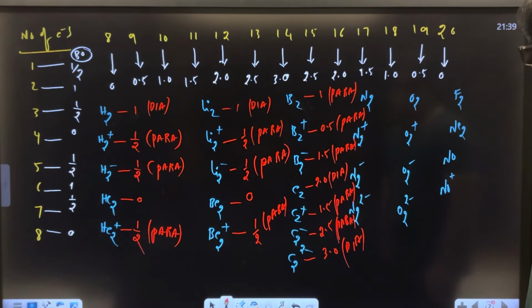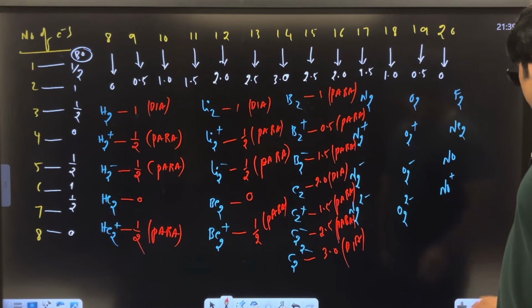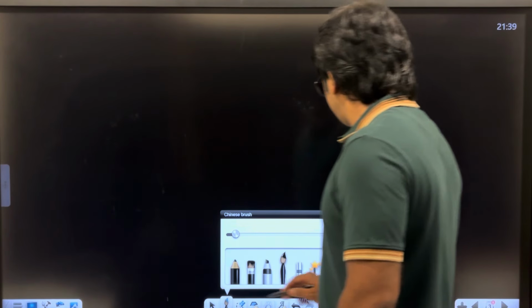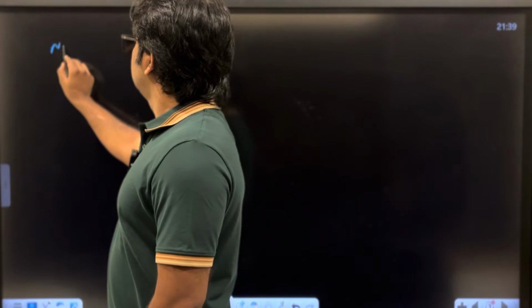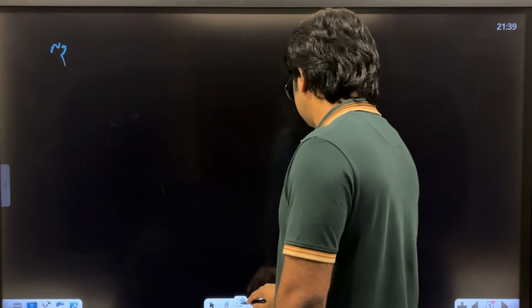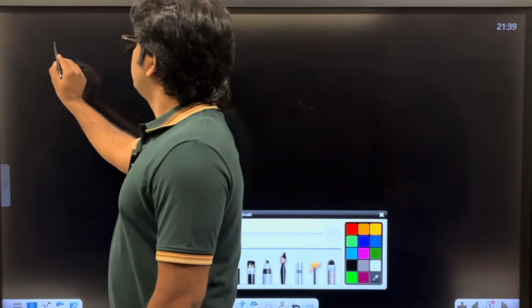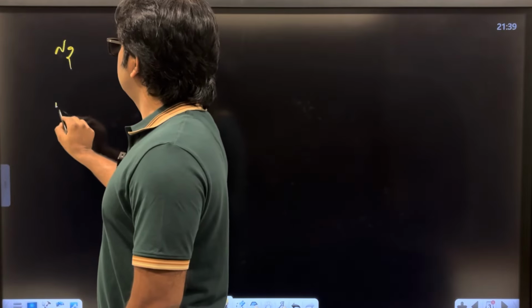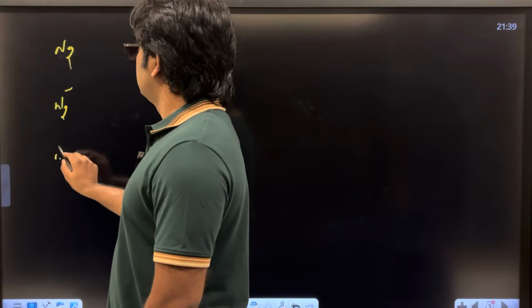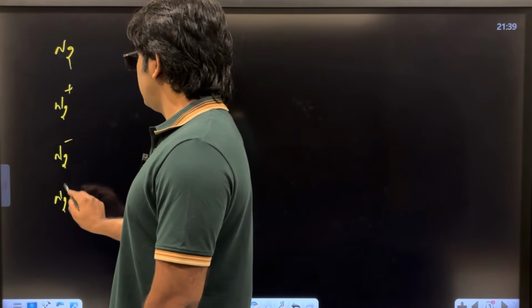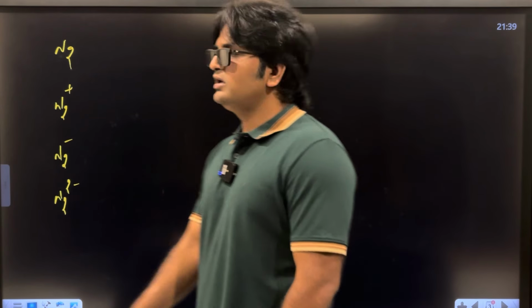And come to N2. Okay, I am taking one more page here. N2. One second. So here I am taking N2. Next one, N2 plus, N2 minus, and next one, N2 2 minus. Okay, next.